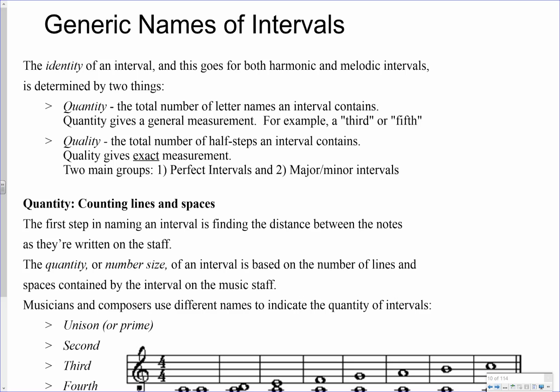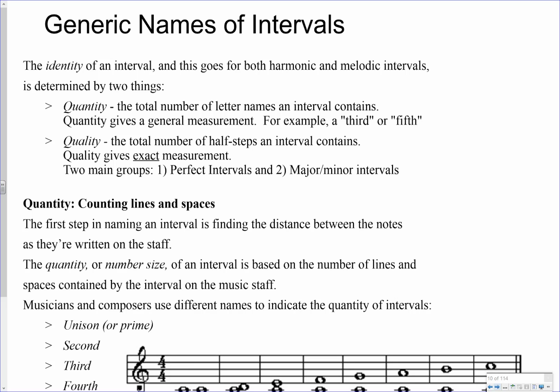Quantity gives us a general measurement, for example, a third or a fifth. Quality, on the other hand, is the total number of half steps an interval contains. When we talk about quality, we're looking for an exact measurement.